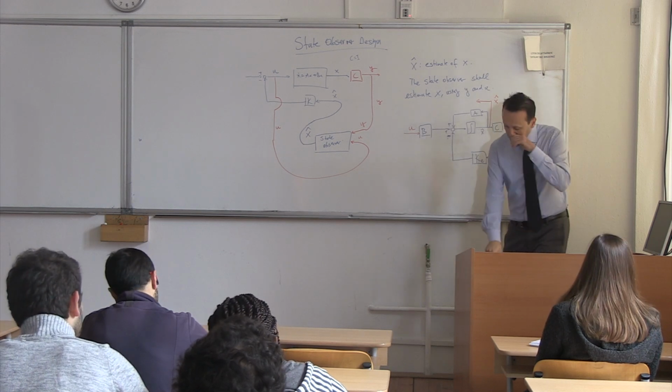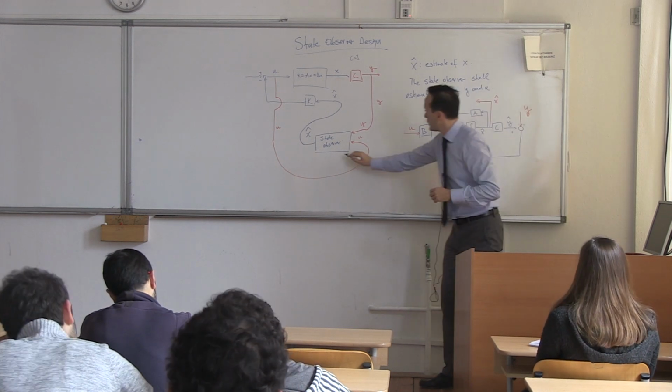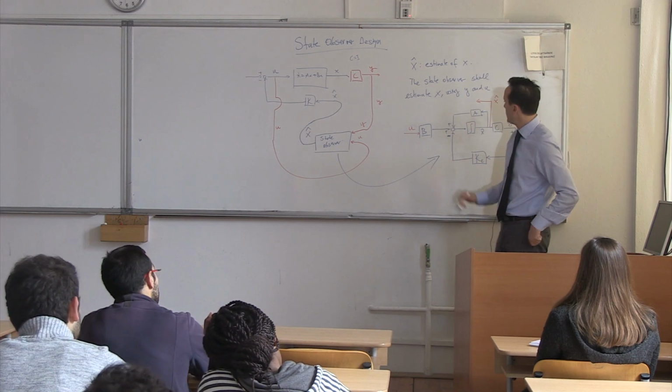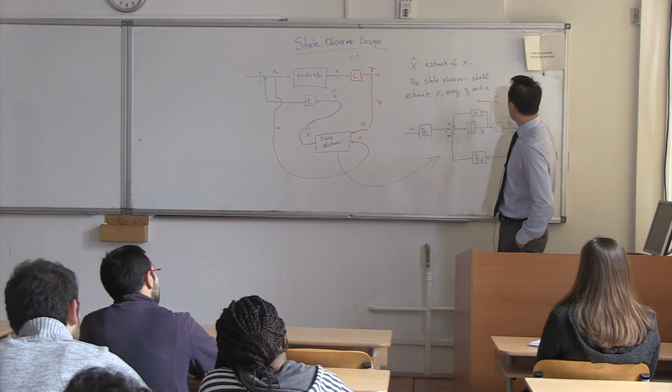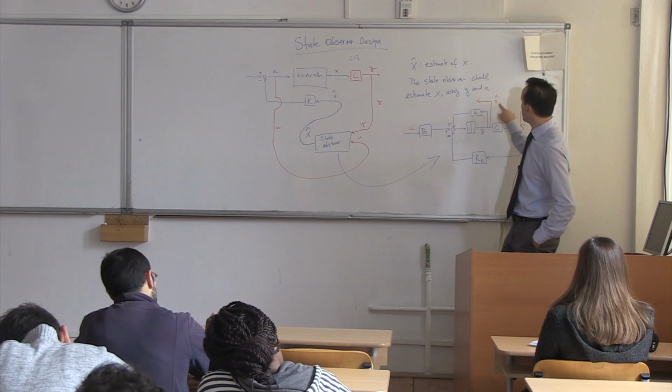Okay? So basically what I've just plotted here, I will talk about this a lot more, is simply that. Okay? This is a state observer. Input is Y and U, like you see here. And the output of this is X hat.